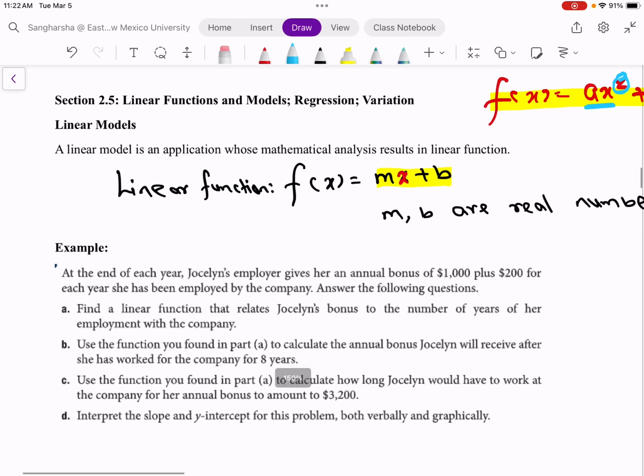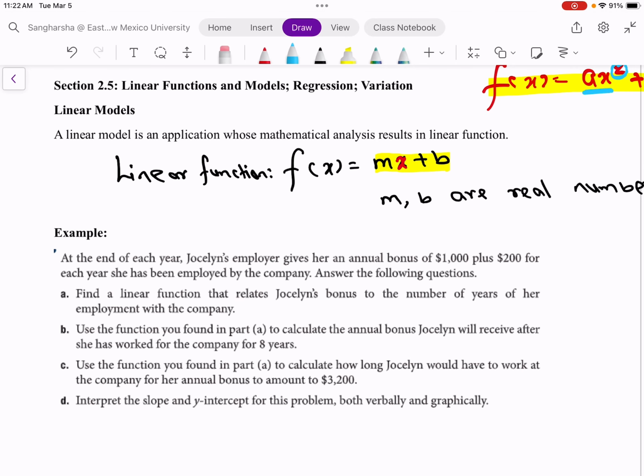So here we have an example. At the end of each year, Jocelyn's employer gives her an annual bonus of $1,000 plus $200 for each year she has been employed by the company.